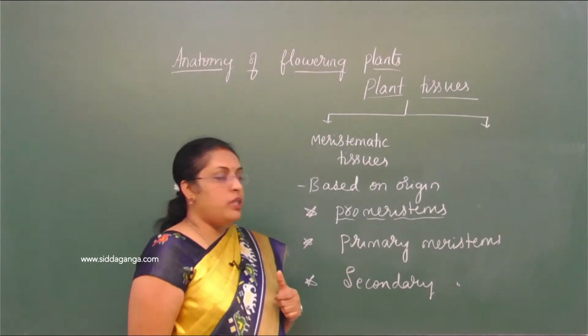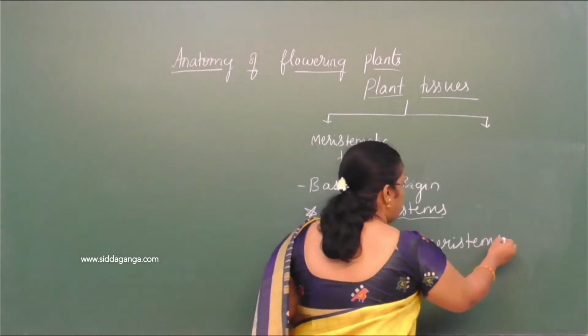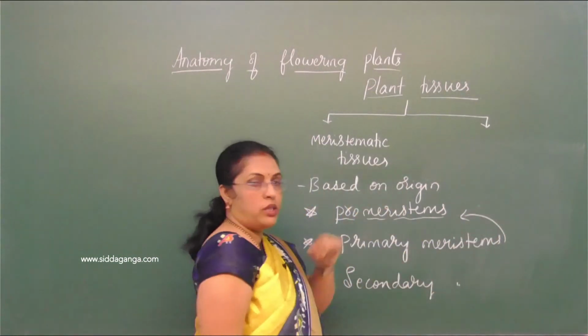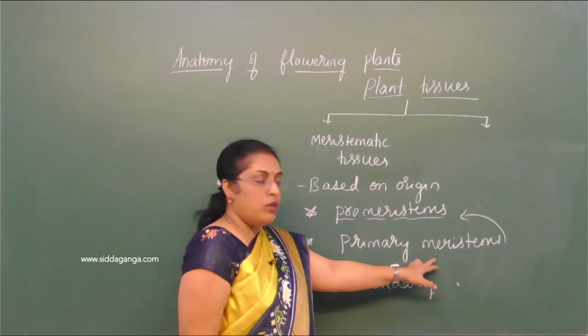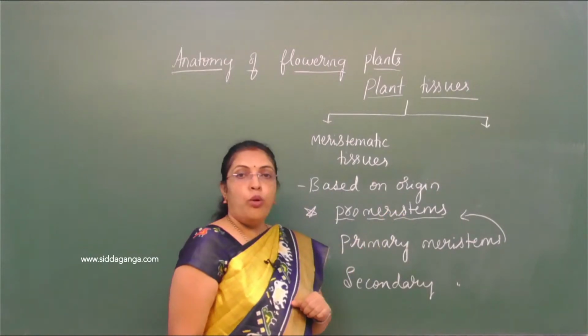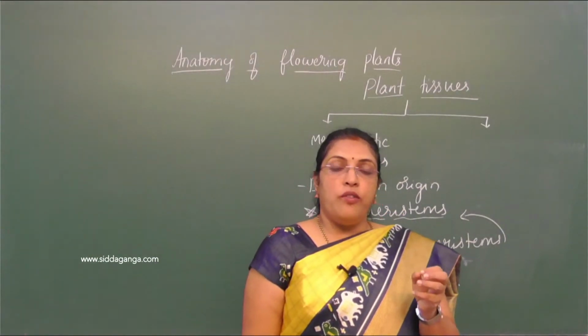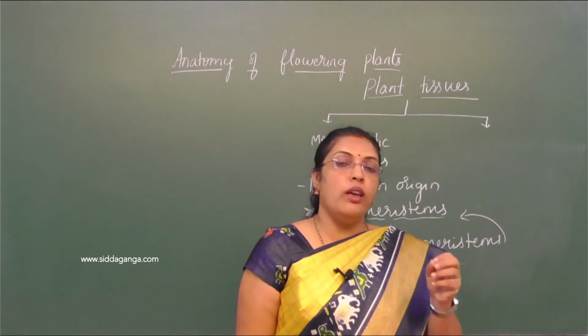Primary meristems are formed from promeristems and have the capacity of cell division throughout their life.